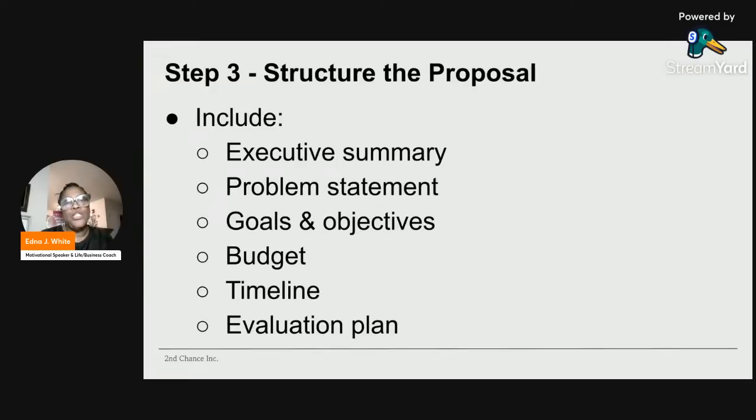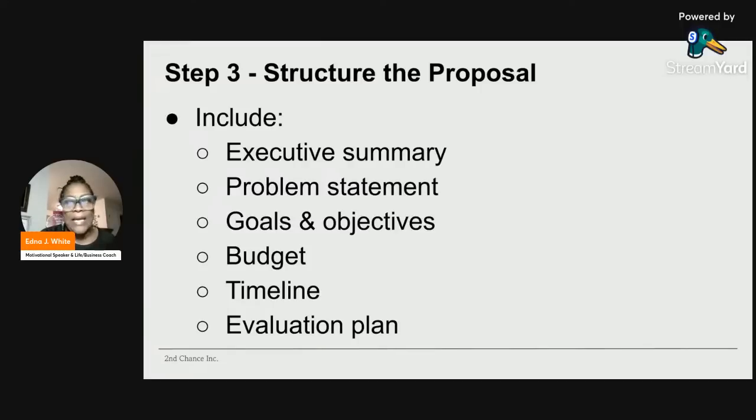Step three, structure the proposal. Think of this like a story. There's the intro, the problem, then the plan, the timeline, the budget, the impact. Boom, done. So intro is the executive summary.